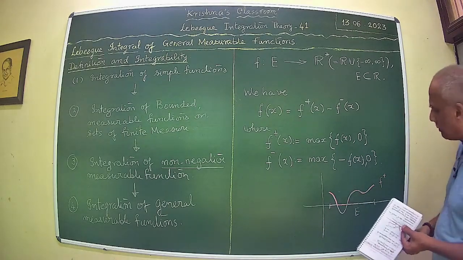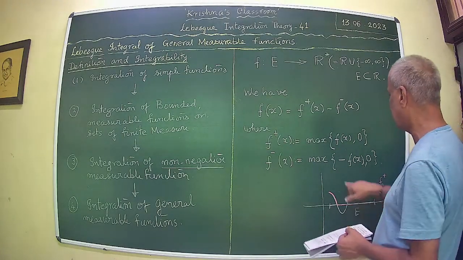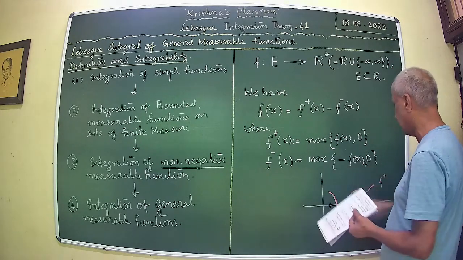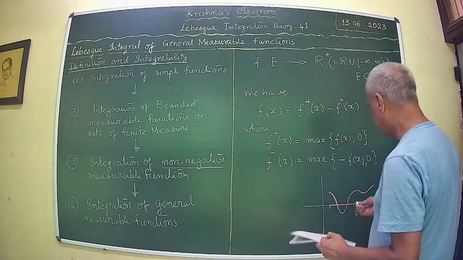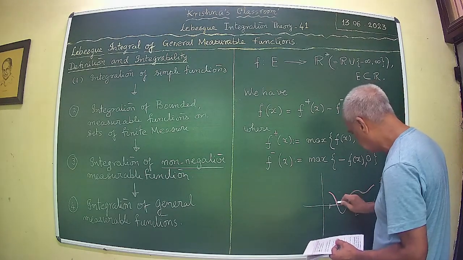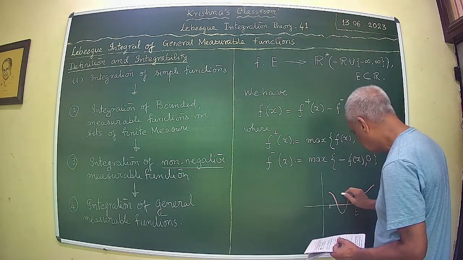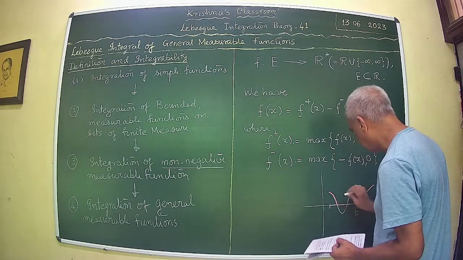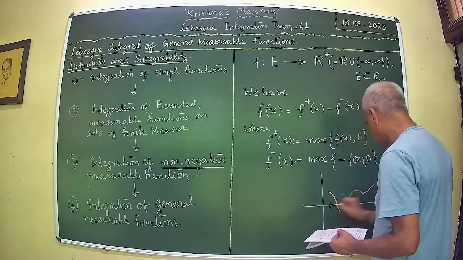Now what about f minus? F minus is the maximum of minus f(x) and 0. So minus f(x) is going to be this. It's a reflection of f over this line.